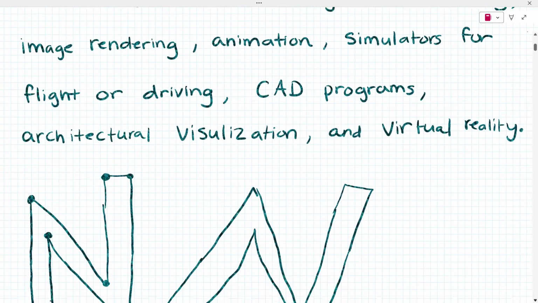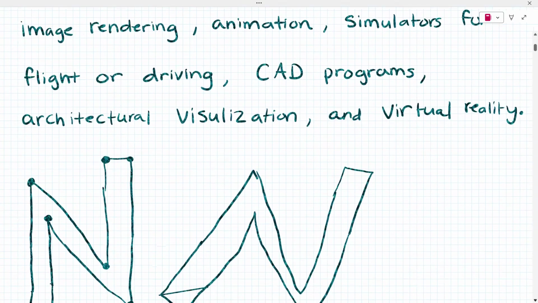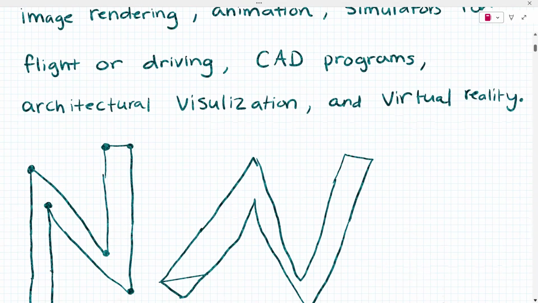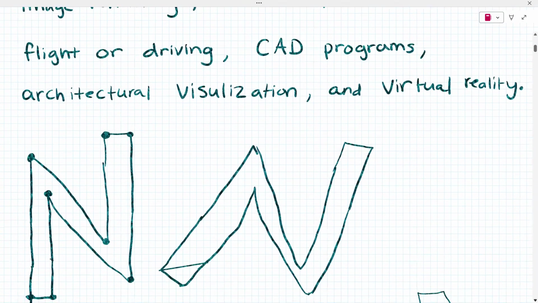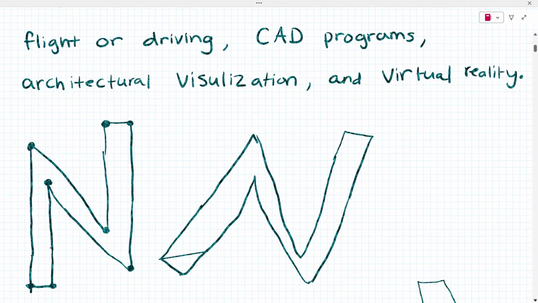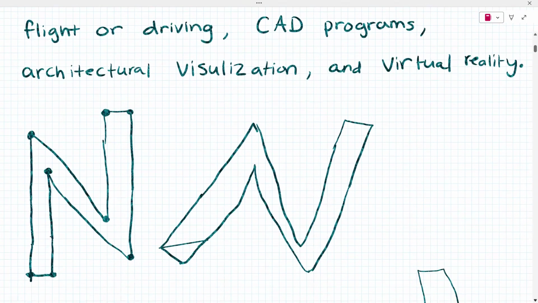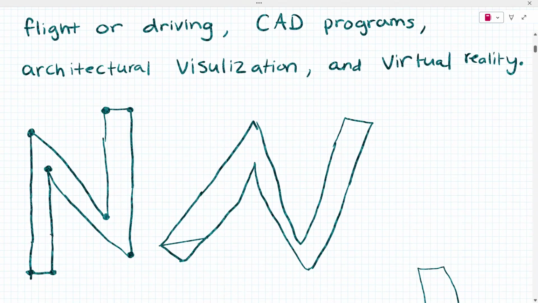So let's go real simple. Let's start with the letter N. Here's a letter N, and then you have all these points, right? We can use those points to put it into matrices.